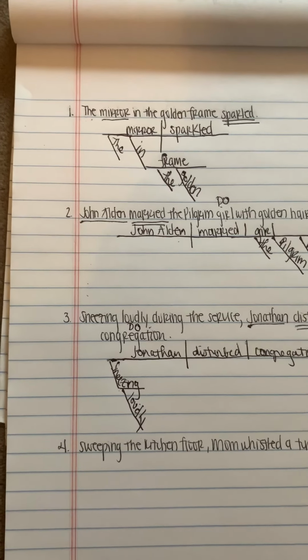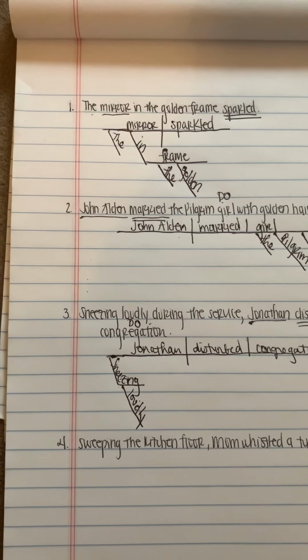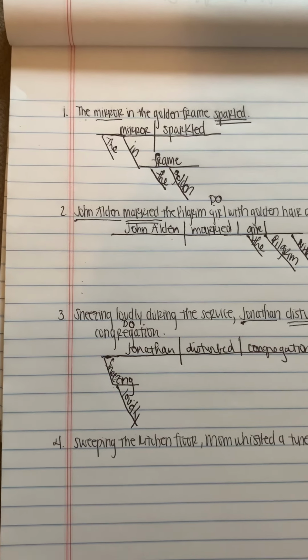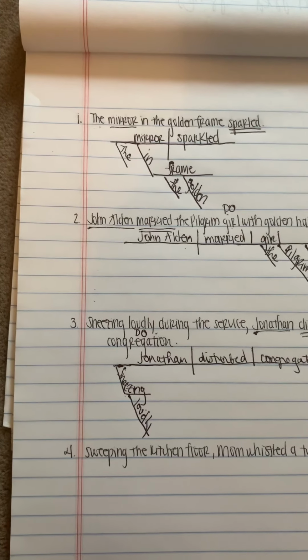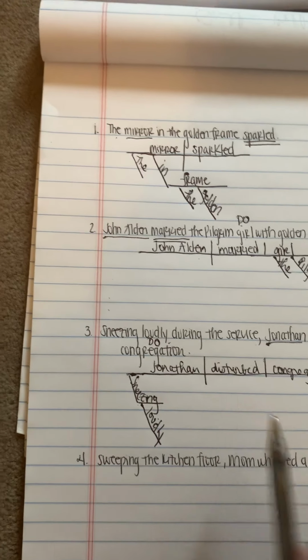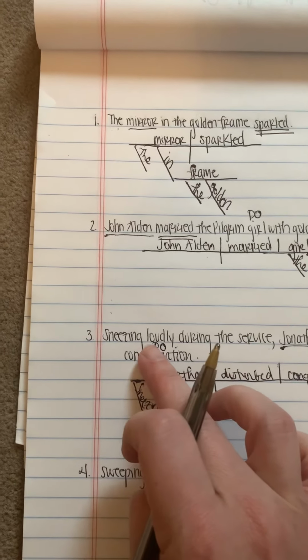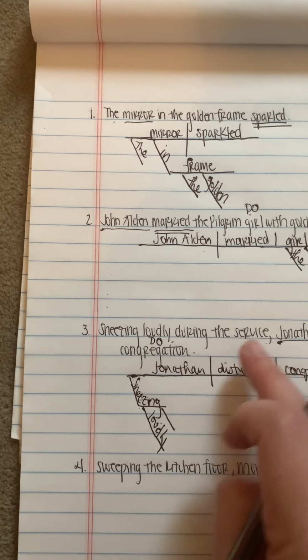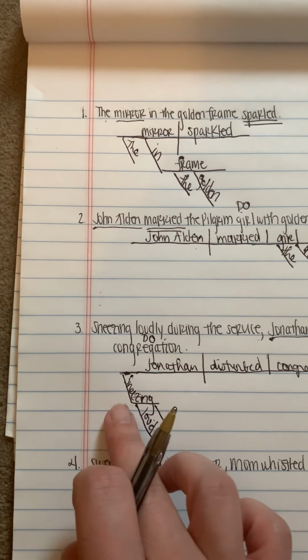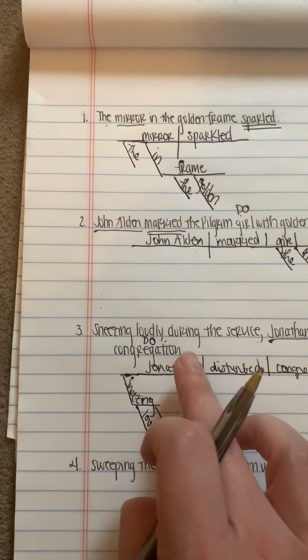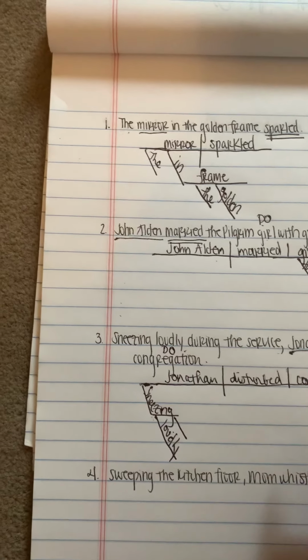And then we have during the service. What is that? I think that's a prepositional phrase. So during the service is telling you when it sneezed. Because remember, everything that's inside of this participial phrase goes underneath or is attached to the participle, not up here.